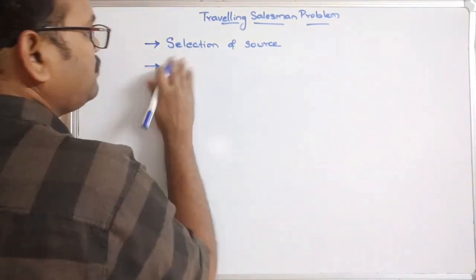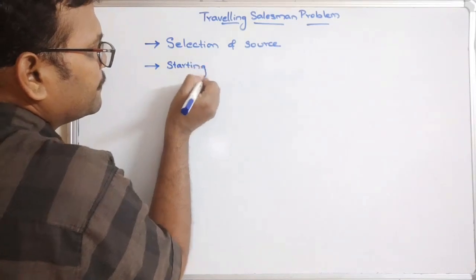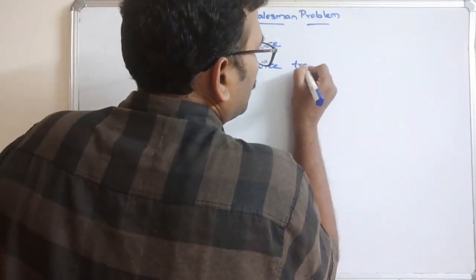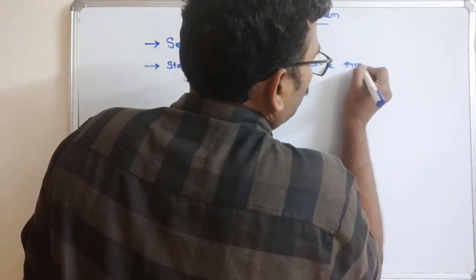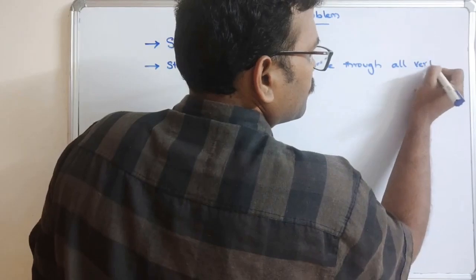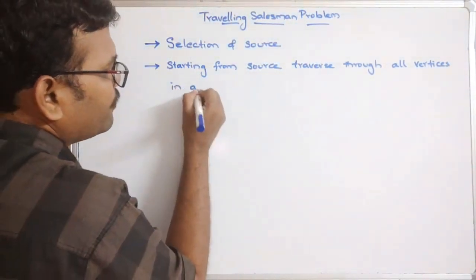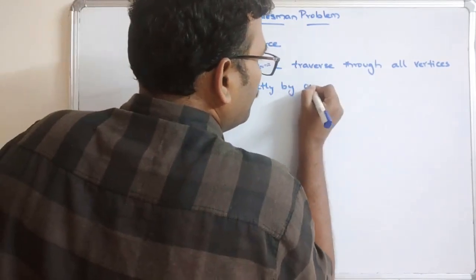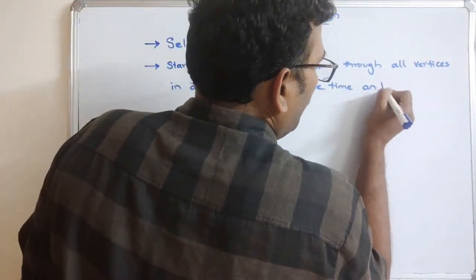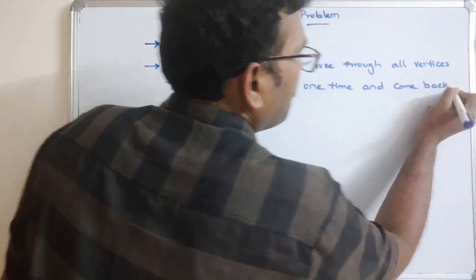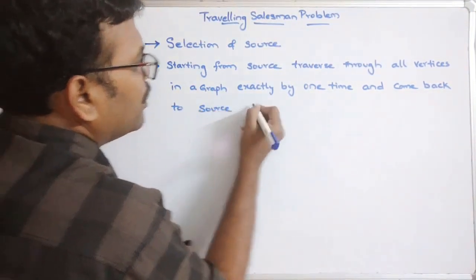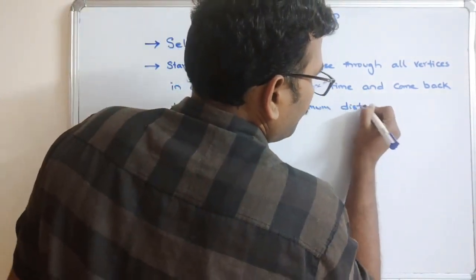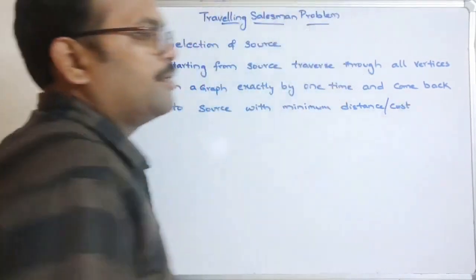And the second one, starting from the source, traverse through all vertices in a graph exactly one time, and come back to the source with minimum distance or cost. Minimum distance or cost.